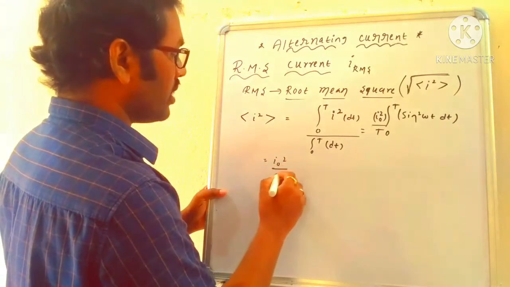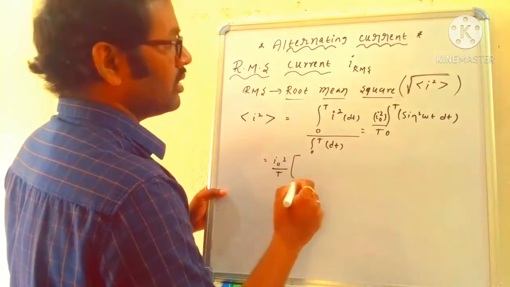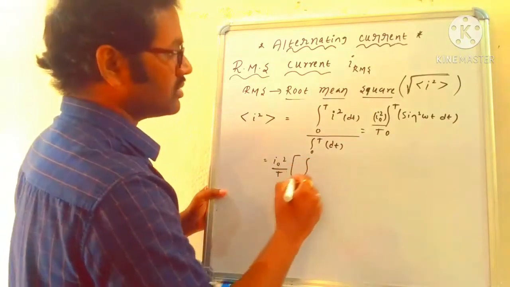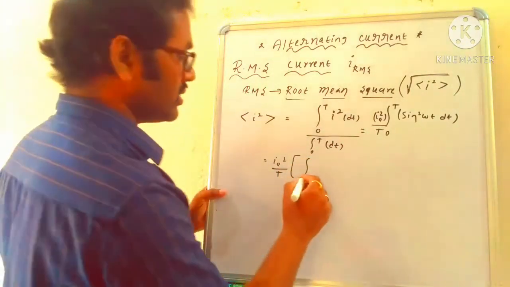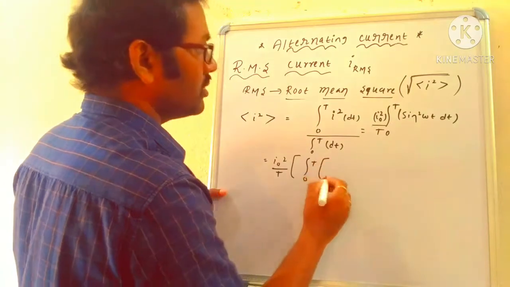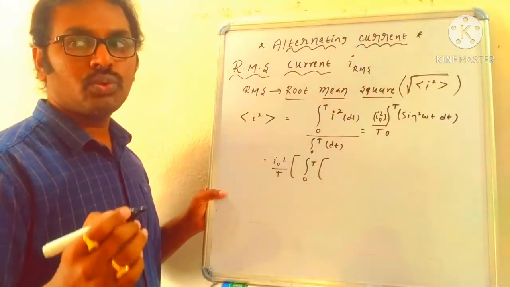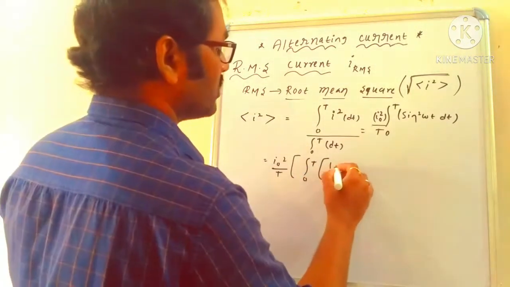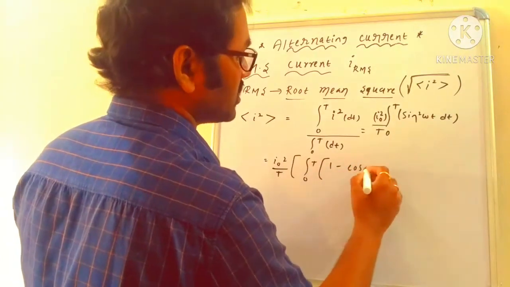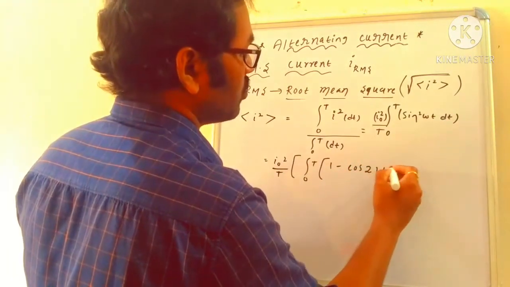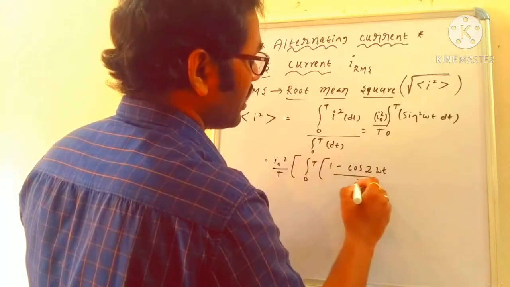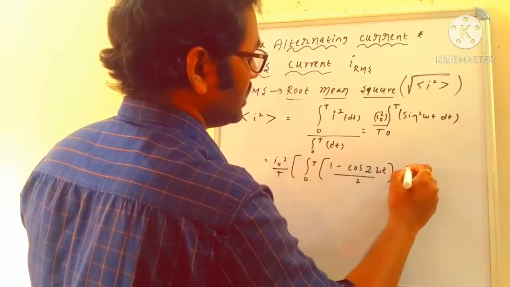This is equal to I naught square divided by T, and we can write sine square omega t dt from 0 to T as 1 minus cos 2 theta divided by 2. So 1 minus cos 2 omega t divided by 2 into dt.